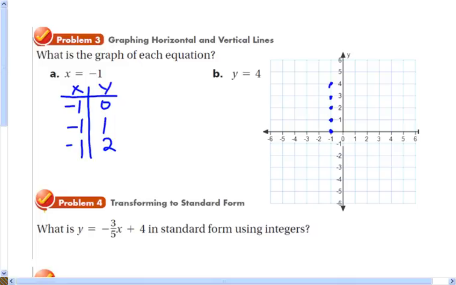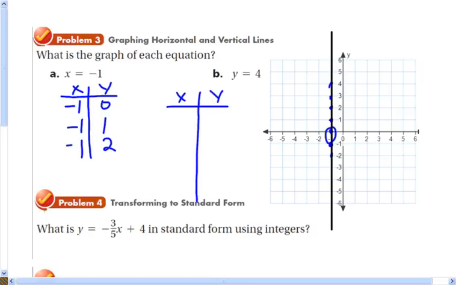So we can see the pattern here. Remember, x has to be -1, so the value on the x-axis always has to be -1 for all these points. And so that graph is just a straight vertical line that goes through the point -1 on the x-axis. Now likewise, we get a similar story here when y is equal to 4. So no matter what my x value is, y has to be 4.